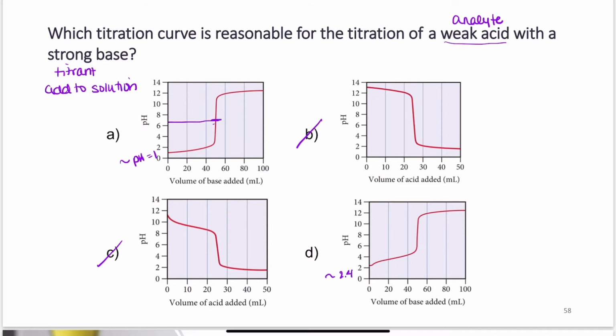If I check about halfway through this line, and if I could draw a straight line, I see that the pH of the equivalence point is about 7. If I could do that here, the pH at my equivalence point is about 8. The equivalence point of a weak acid at equivalence.